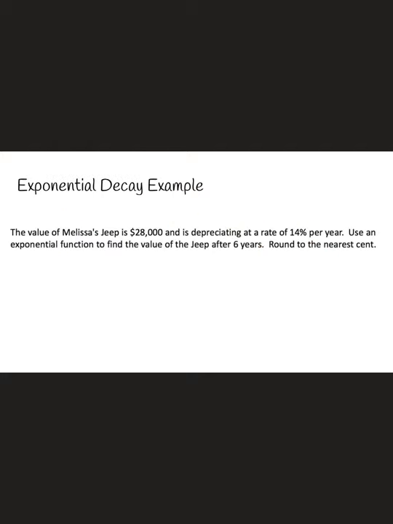Let's do an example. We're going to remind ourselves of the formula here so we can reference that, and we're going to do the same thing that we did before. We know that we need A, we need R, and we need T. So let's get going here.